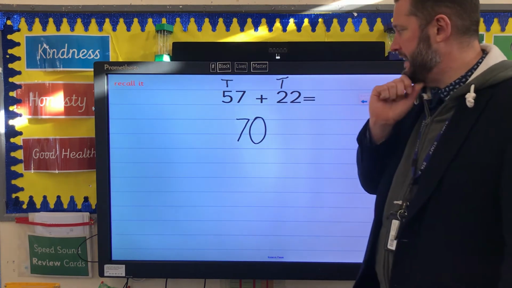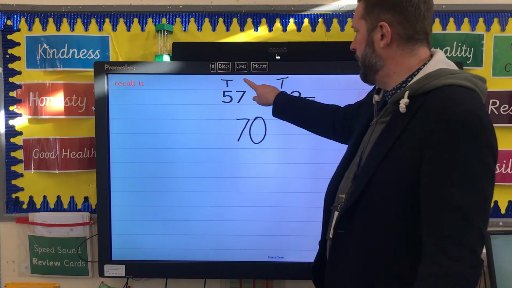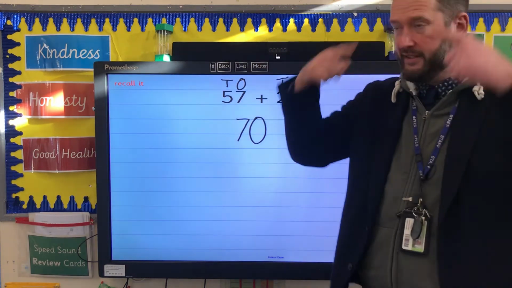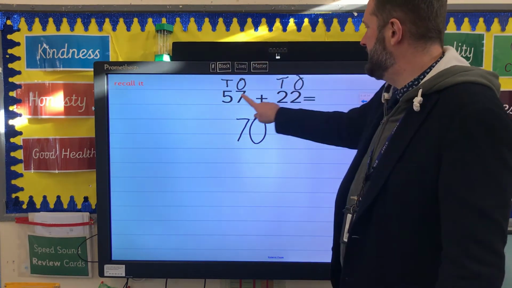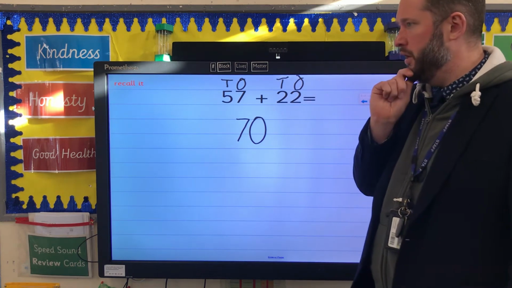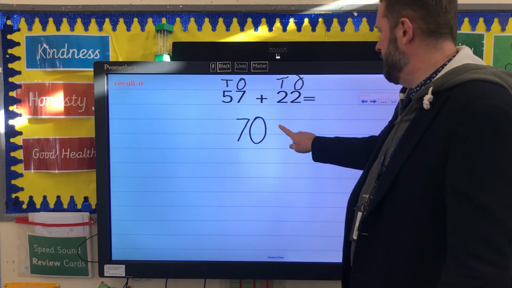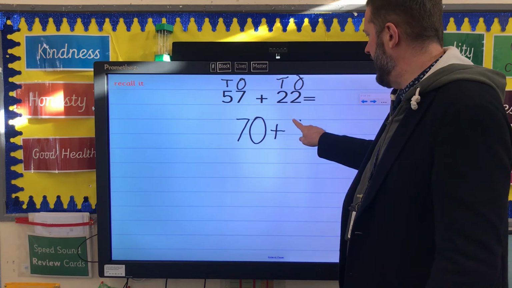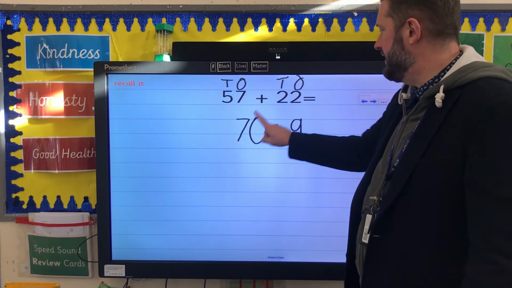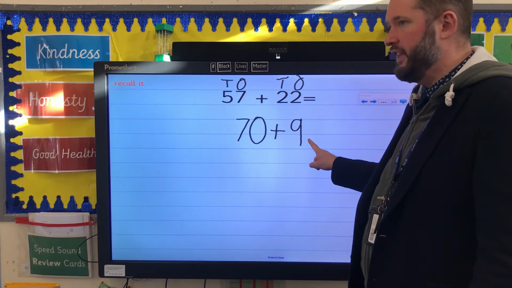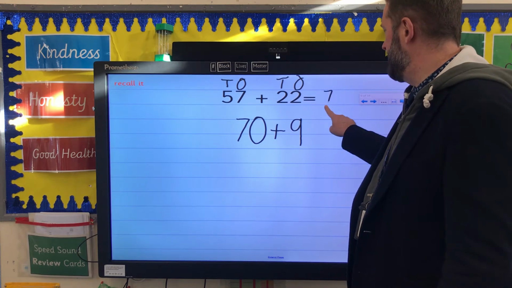So I've counted the tens and it's 70. Now I'm going to count the ones. I'm doing all this in my head. 7 and 2 make 9. I know that as a number fact. So I'm going to write add 9. 79. The answer must be 79.